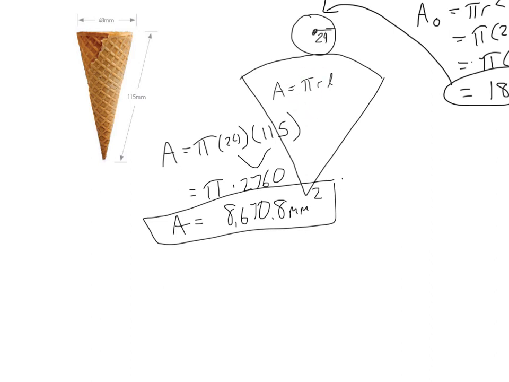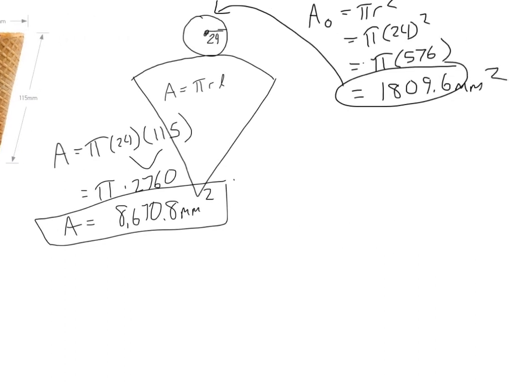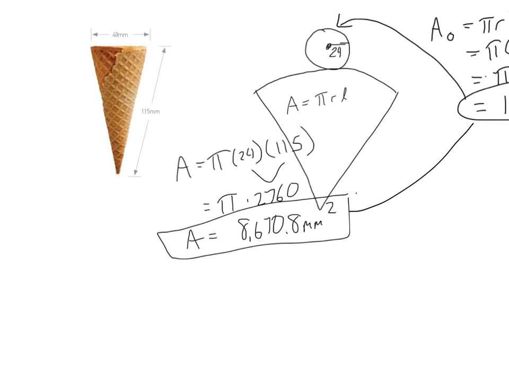Let's pretend for a second this ice cream cone does have a flat top, which would be kind of pointless because you couldn't put any ice cream inside it. Either way, you would add those two things up. But if you were finding the surface area of a true ice cream cone, it would just be the lateral area right there, and you'd be done.